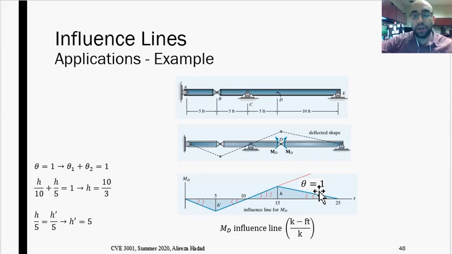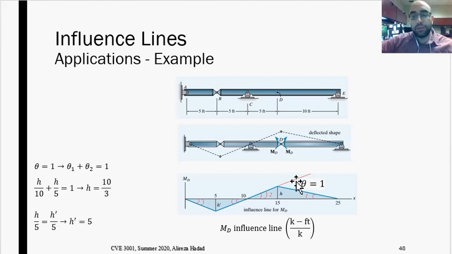In the case of shear force, that means a unit displacement. In the case of moment or bending moment influence line, I have to remove the rotational restriction and apply a unit rotation. That's why this theta over here is equal to 1.